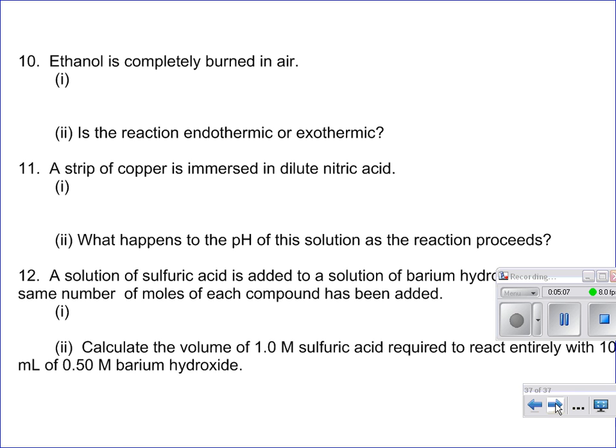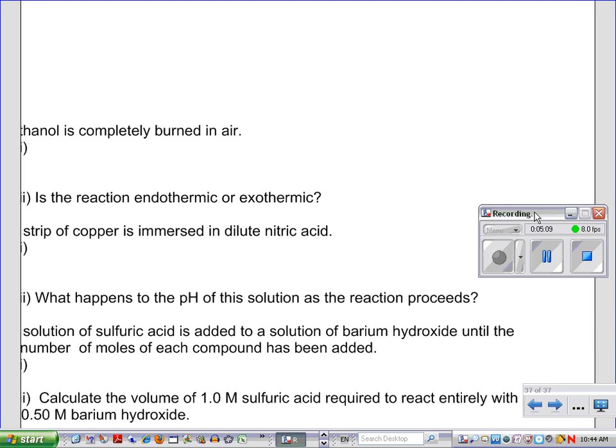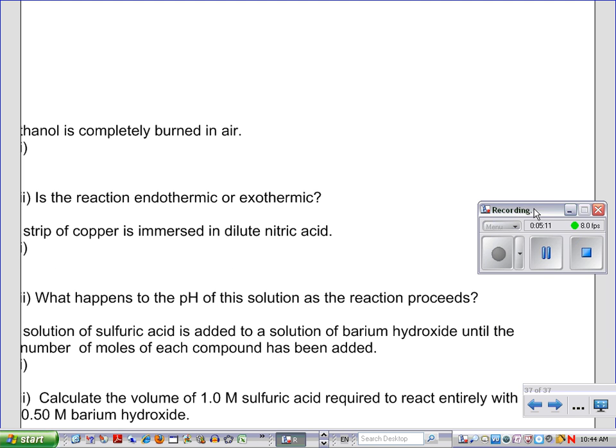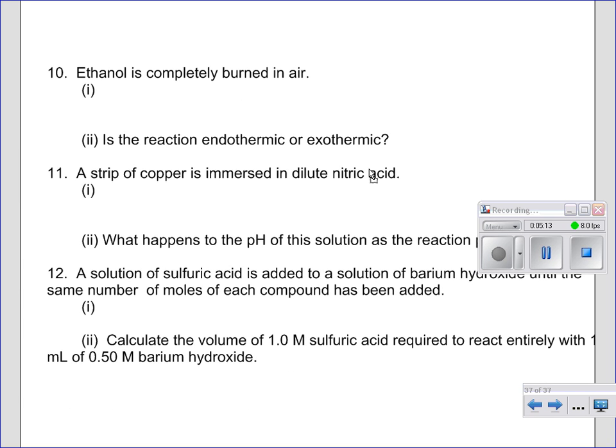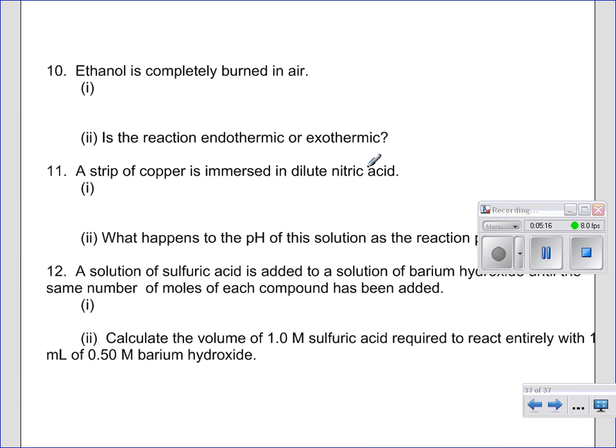Ethanol is completely burned in air. So, yikes. Ethanol has how many carbons in it? 2 carbons. So it's C2H. Instead of there being all 6 H's, there's going to be 5, and the last one's going to be replaced with an OH. That's ethanol. Completely burned in air.